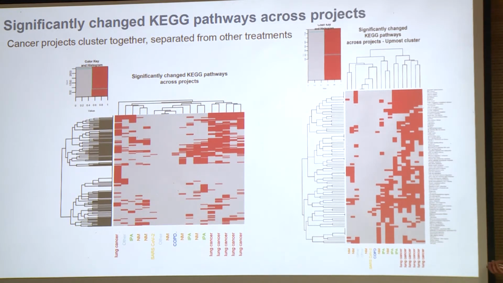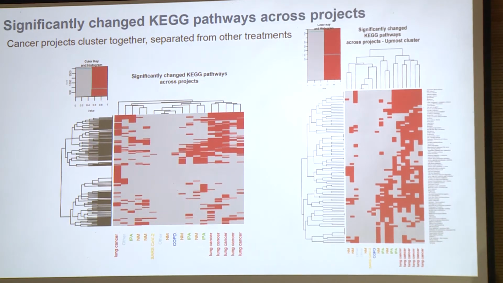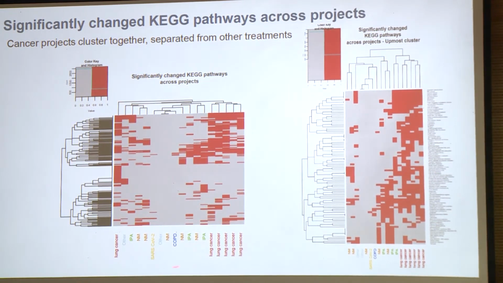These are projects that we just know are about cancer, but they were completely different and done by different groups, in different years, on different machines, and still they cluster together. Meaning that if you have a workflow to process the data like this, you will still find things that resemble each other, and that are completely different from other treatments.